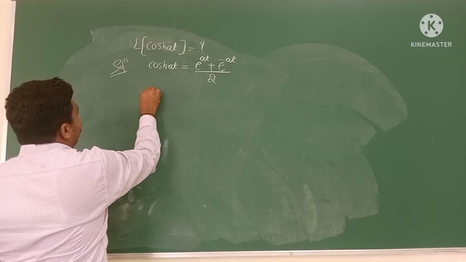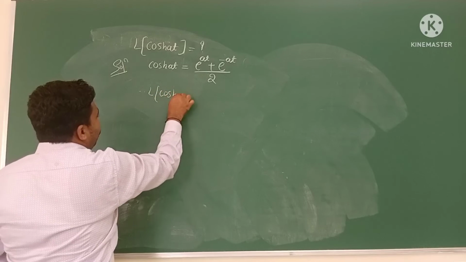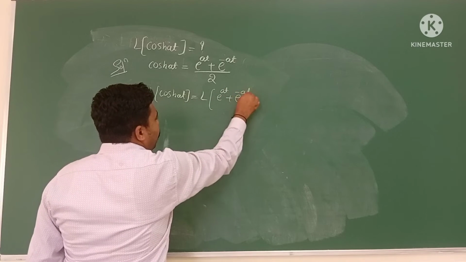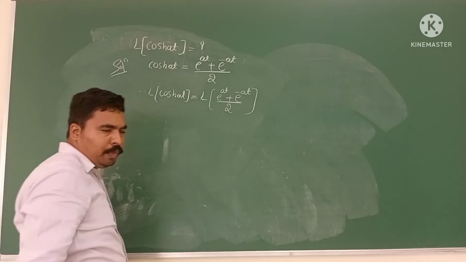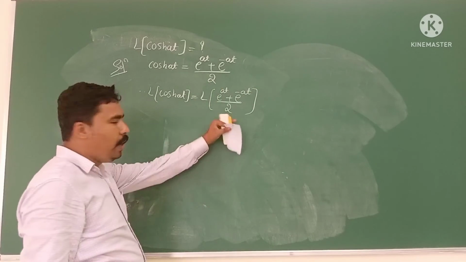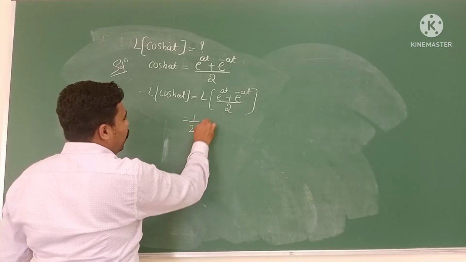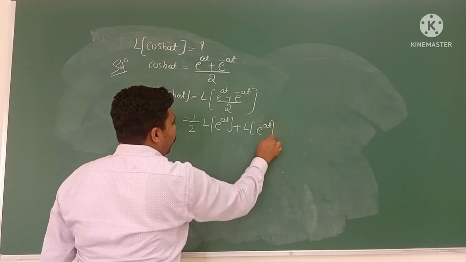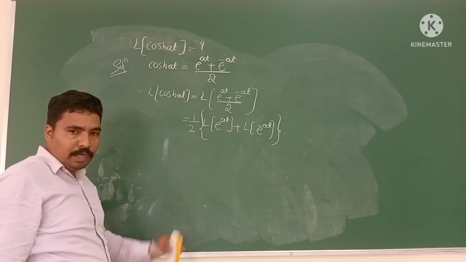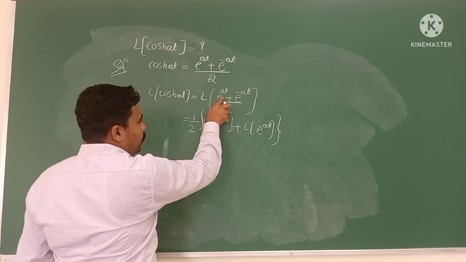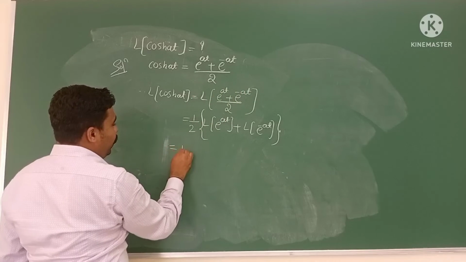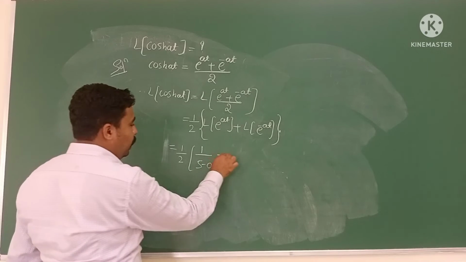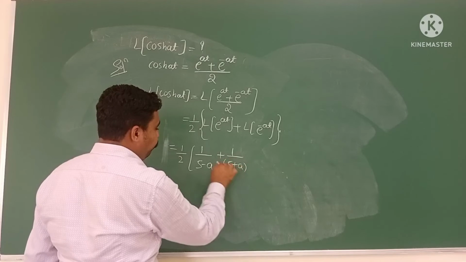So Laplace of cos hyperbolic at can be written as Laplace of e power at plus e power minus at divided by 2. This 1 by 2 I will take outside, so Laplace of e power at plus Laplace of e power minus at, using the linearity property of the Laplace transform. The Laplace operator is applicable for this element also and this element also. We know the Laplace transform of e power at is 1 divided by s minus a, and this is 1 divided by s plus a.